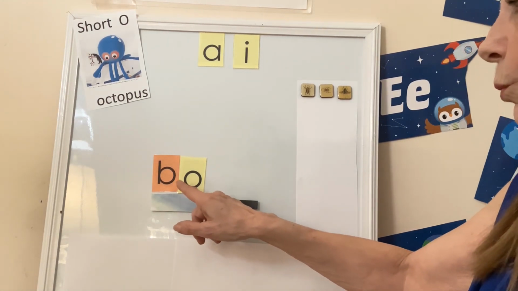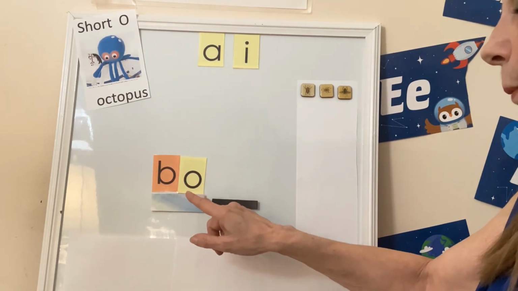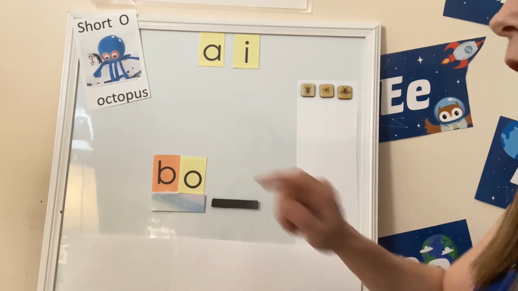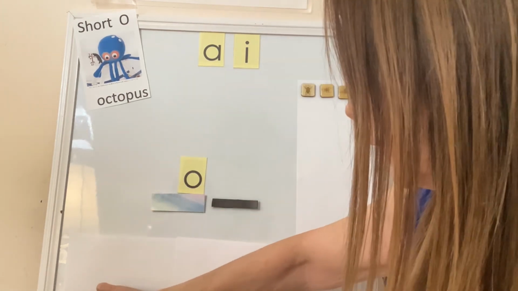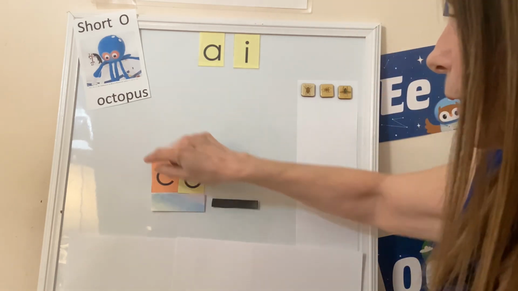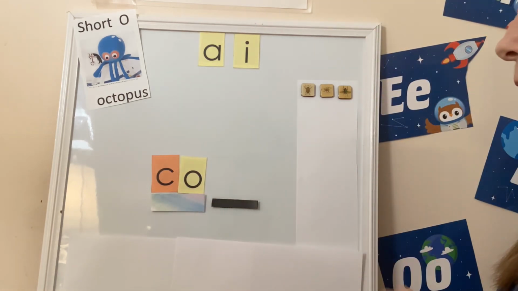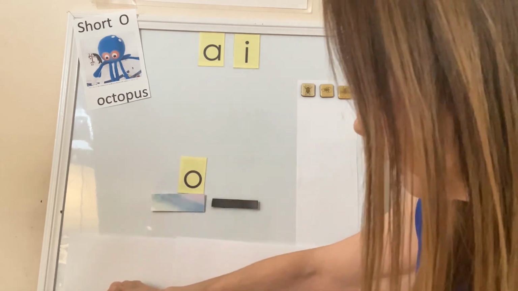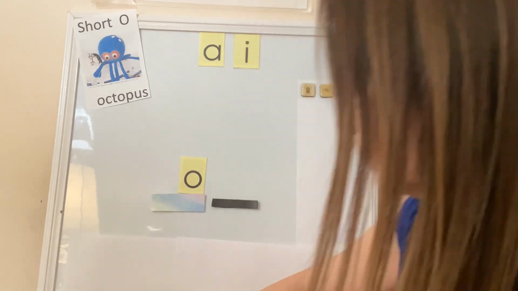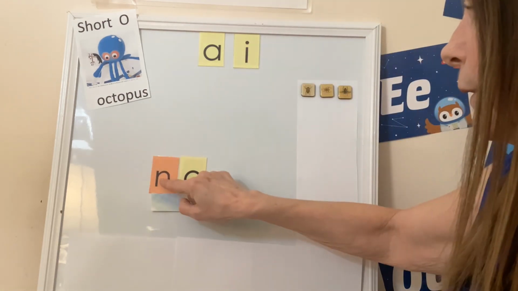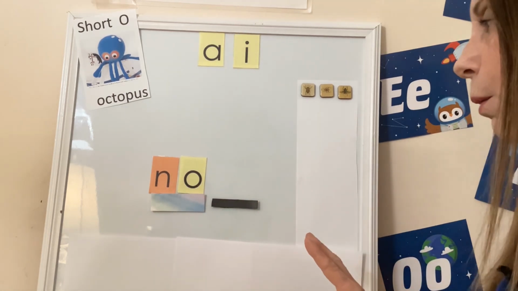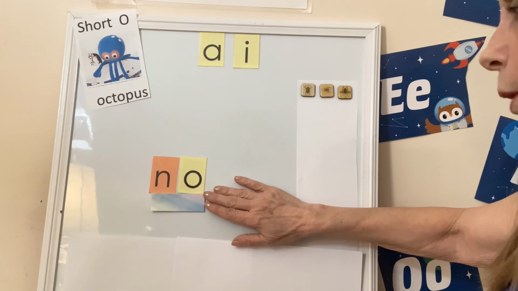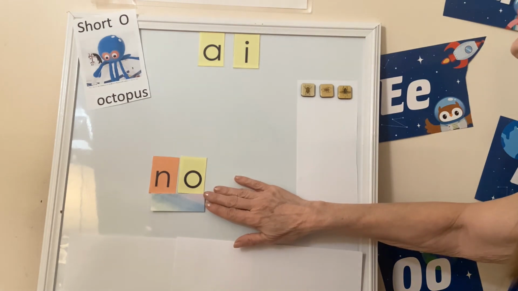Okay, so we look at this word. Now O says ah, and we blend them. B, ah, ba. So you can help the child with that. K, ah, ka. N, ah, na. Now you might be saying, stop, stop, it says no. It does say no if another letter would not be following.